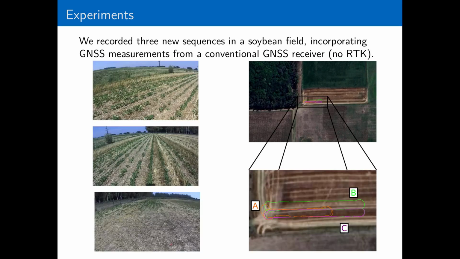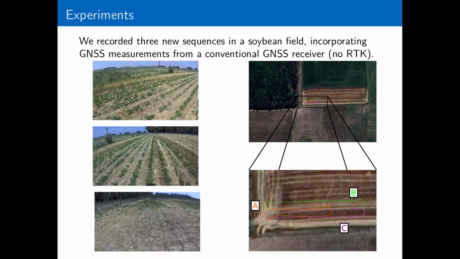Furthermore, we took our robot to the field and recorded 3 new sequences in a soybean field. During these sequences, we incorporated GNSS measurements from a conventional GNSS receiver without RTK capabilities. This allowed us to assess the performance of our system in real-world conditions where RTK enhancements are not available.